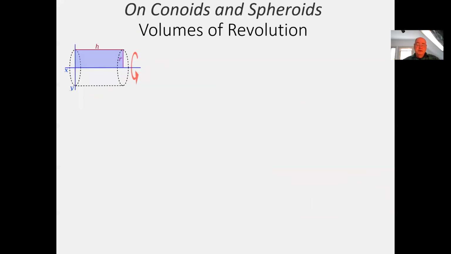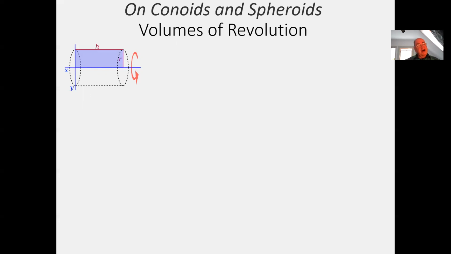Another piece of mathematics that Archimedes develops is called the volumes of revolution. He takes a rectangle, like this purple rectangle that I show. It has a certain length of h and a certain width of r. And what he wants to do is revolve that rectangle around the x-axis. It wouldn't be an x-axis to him, it would be just a line, the axis of his diagram.